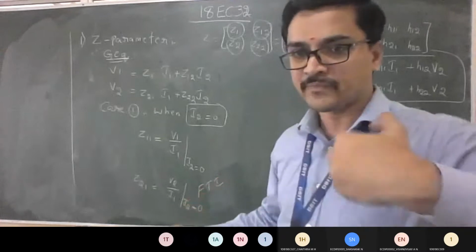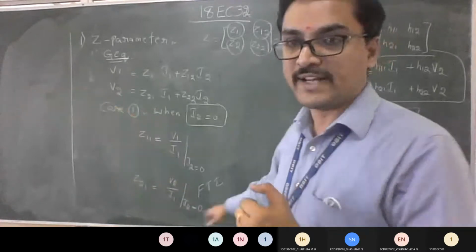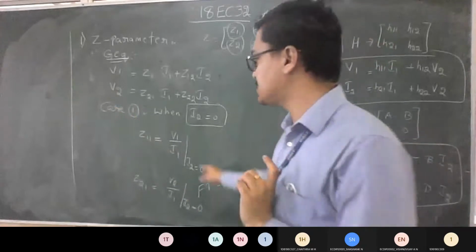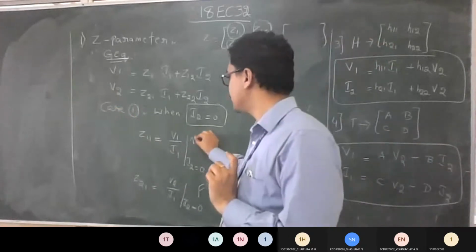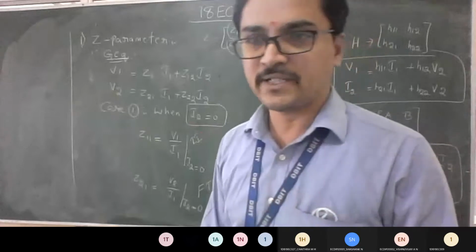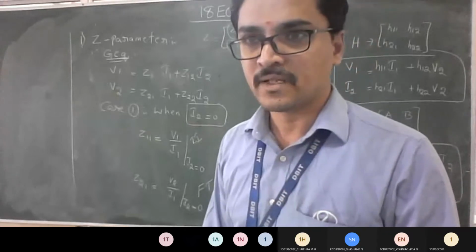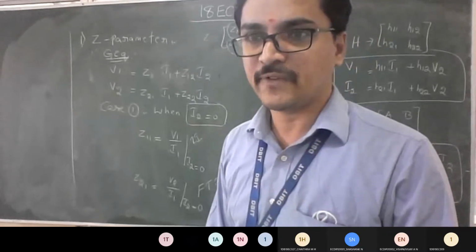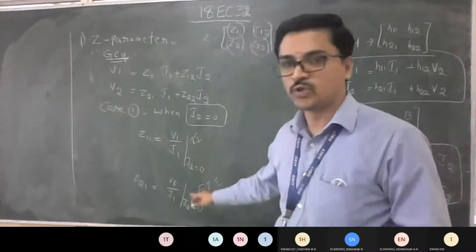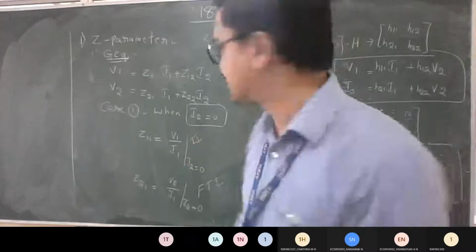It has transferred from V1 to V2, whereas the first one is input impedance. Any doubts till here? Is it fine with case 1? If I take I2 as 0, you get two coefficients.